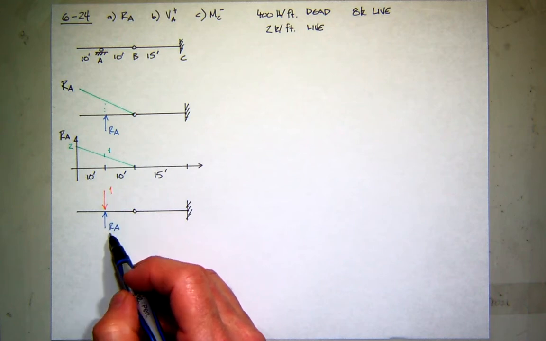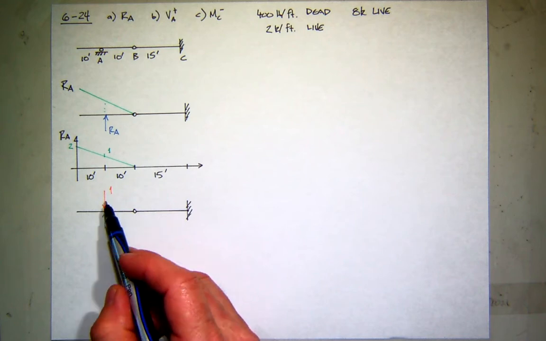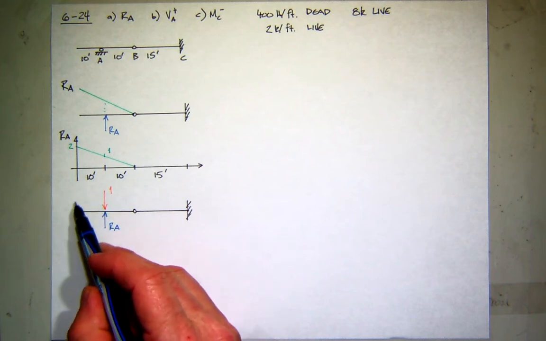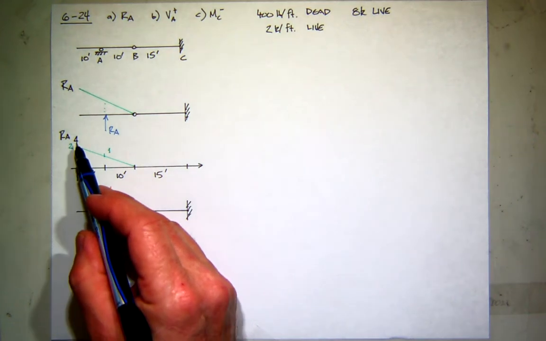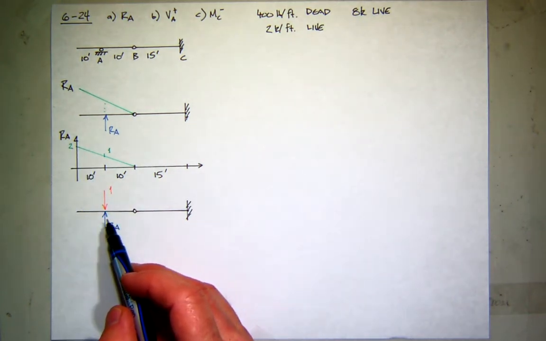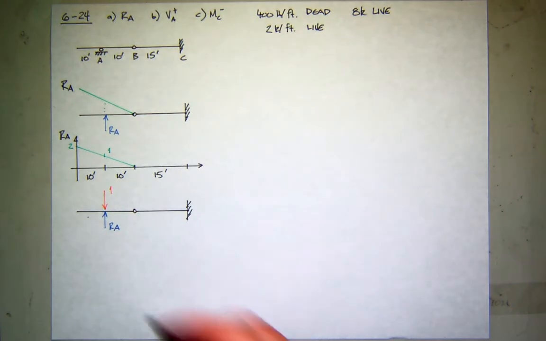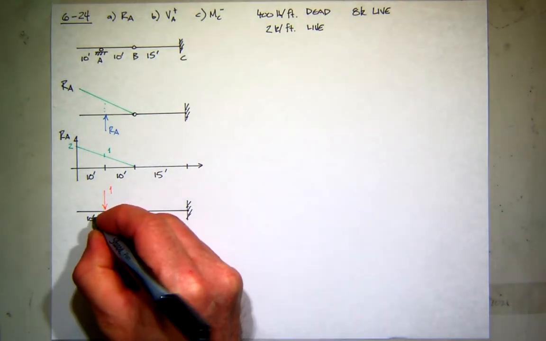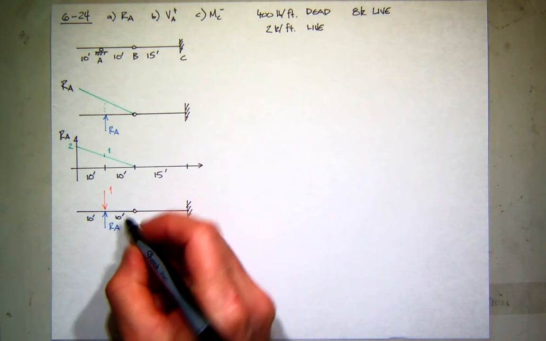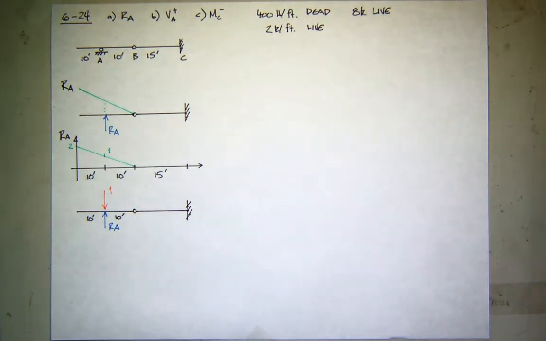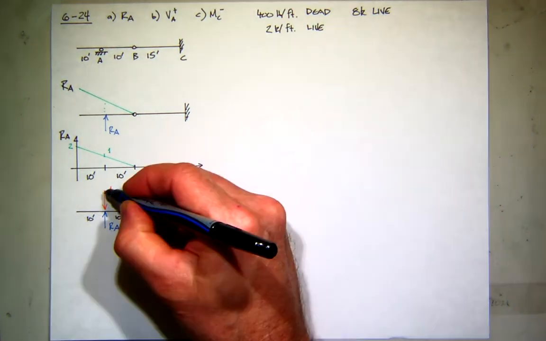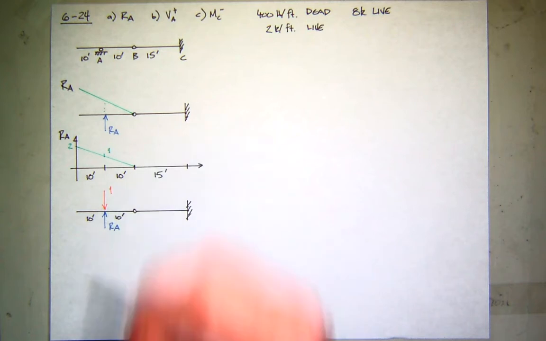So if this is 1, this has got to be 1. You can also see that if it moves to the left and sits out here on the edge, which would be this point, the reaction would have to increase. And if you actually look at the numbers, you would see that in this case it would double, going from 10 then to 20. So that translates into the value right there.